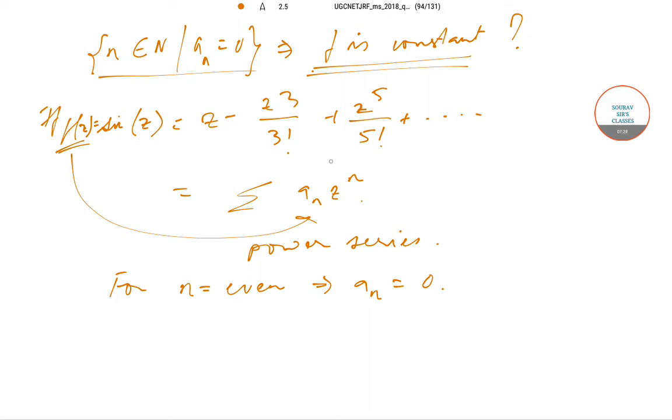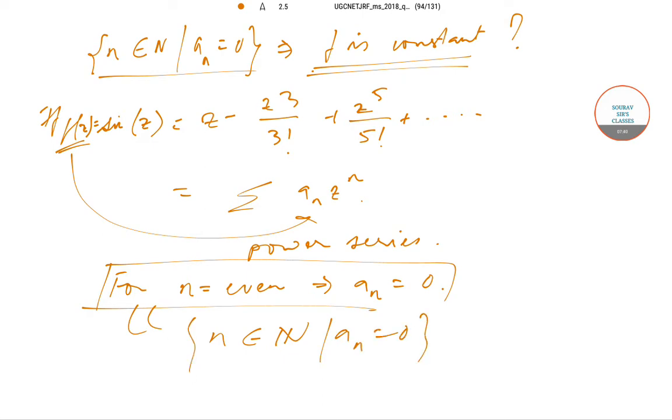The coefficient of z square is 0, coefficient of z to the power 4 is 0. So therefore the condition that a_n is equal to 0 for infinitely many n is satisfied.